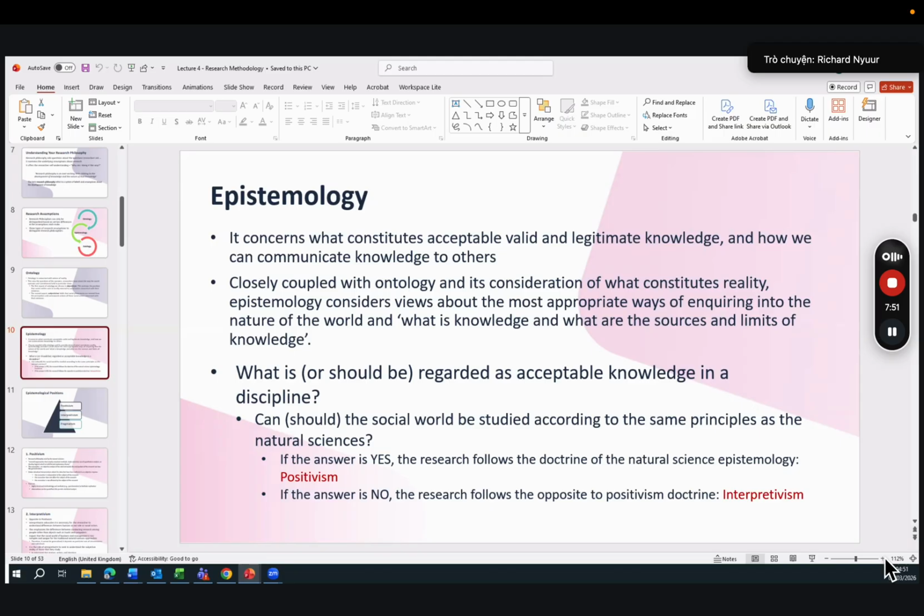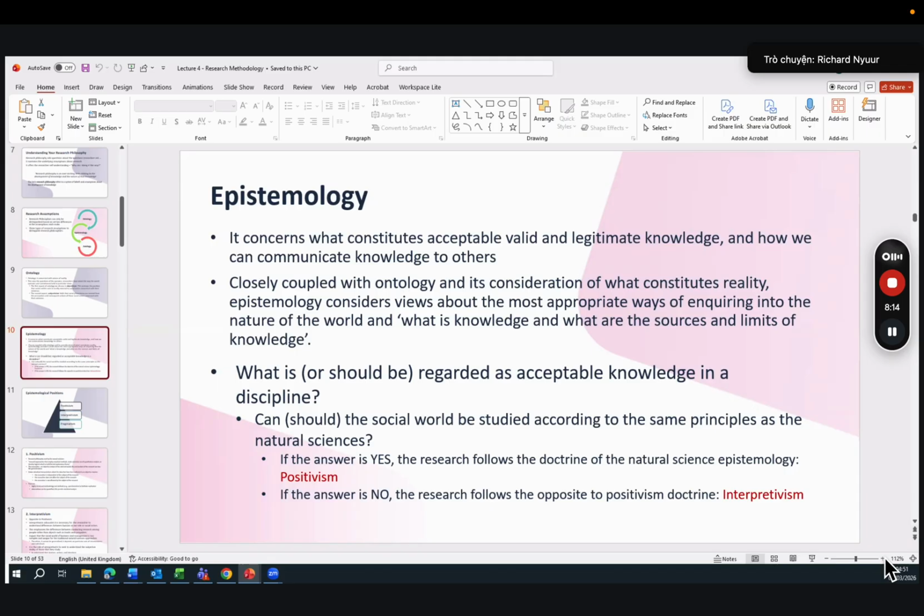You have to interpret it and make sense of it. You have to transcribe and interpret by coding, by doing thematic analysis, and then you will make sense of the text or the information that you have gathered.